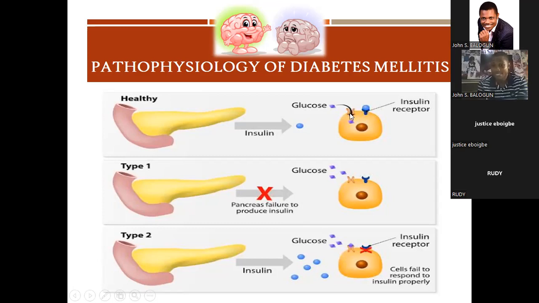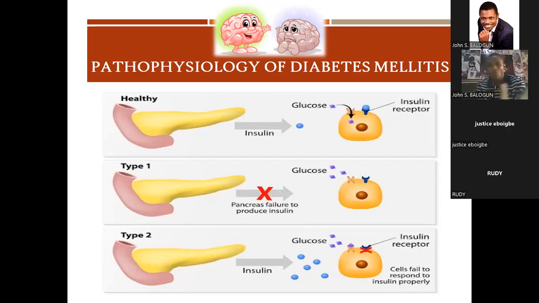That is the door of the cells, open, so that glucose can enter into the cells. Can you see glucose now coming to enter into the cells? Why? Because insulin was produced and insulin binds to the insulin receptor. And then glucose is now able to be mobilized from the plasma into the insulin sensitive cells.